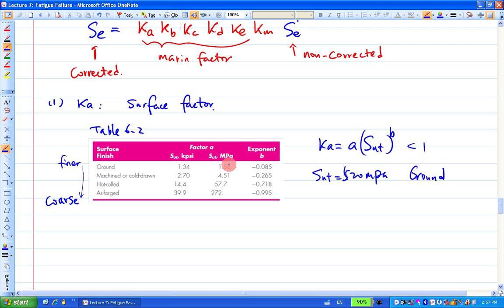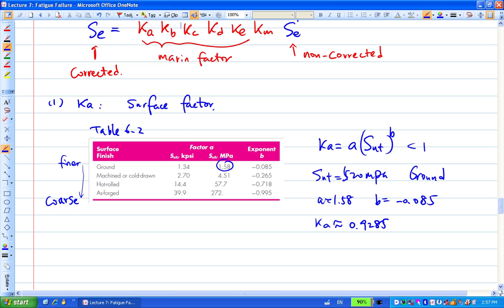Given the table here, my A value would be 1.58, and b would be negative this. Substitute the three things, and you can calculate your Ka, which is approximately 0.9285.